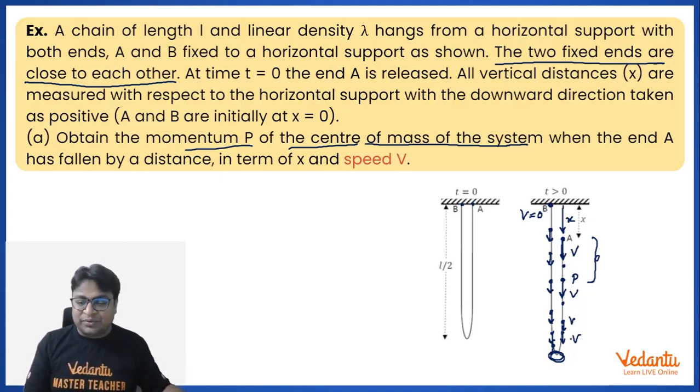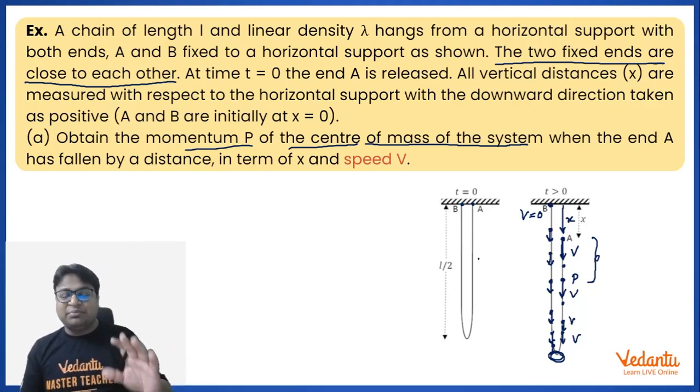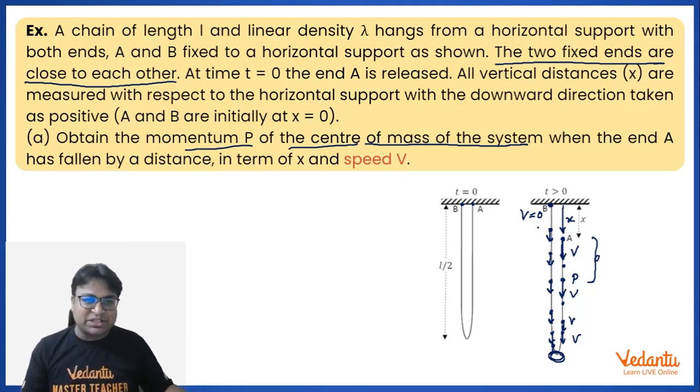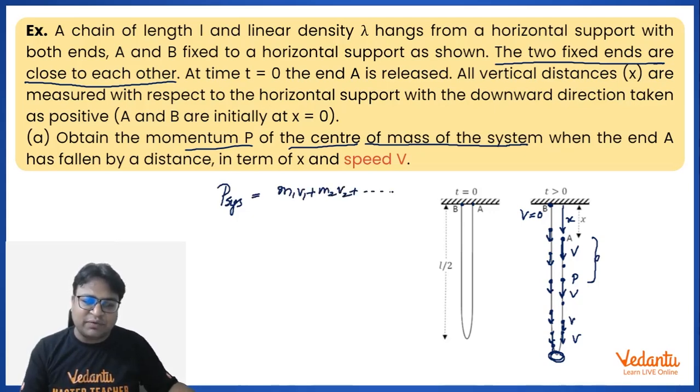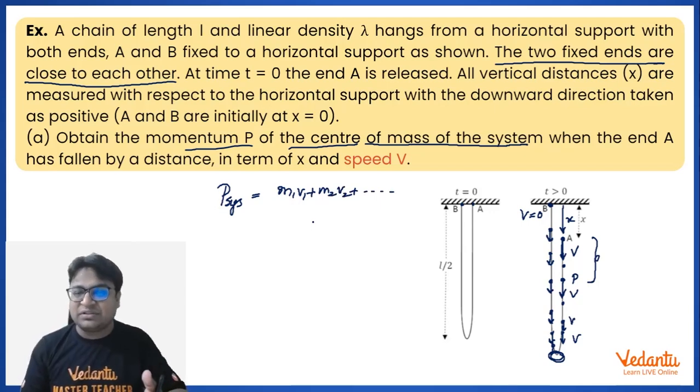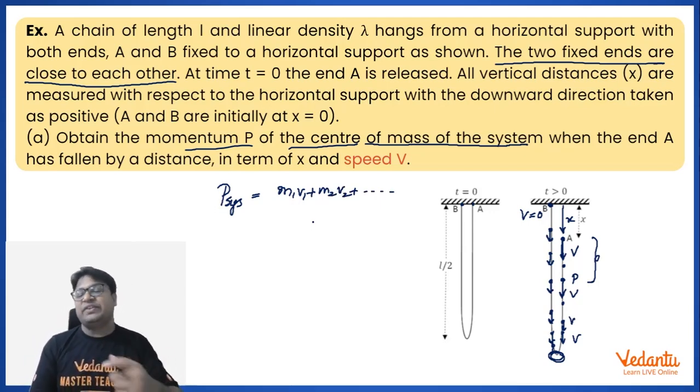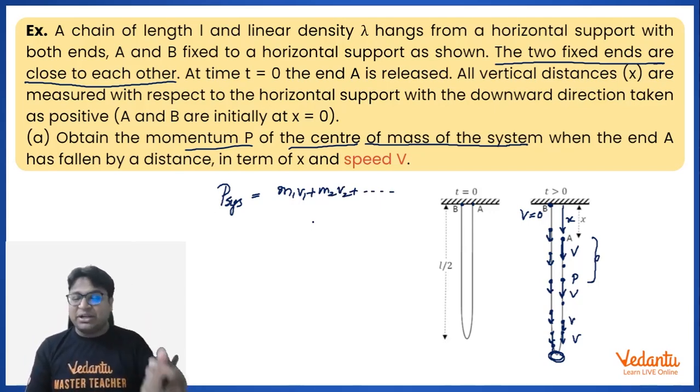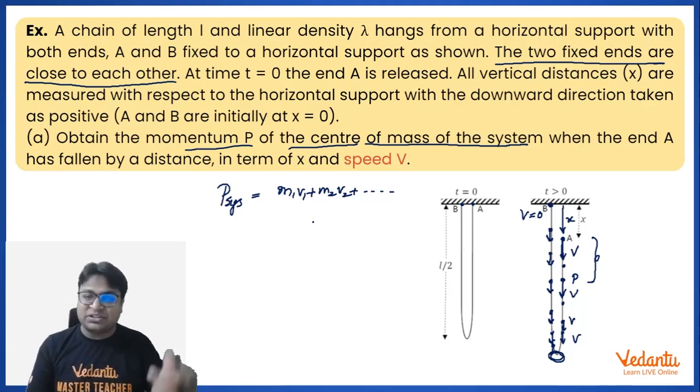So I think we should finish this part now, because I'm pretty sure that many of you now agree with me that the left part is having zero velocity and the right part is having velocity v. Whenever we are trying to write the momentum of a system, we basically look for this equation like m1 v1 plus m2 v2 and so on. So we consider all the masses of the system, we consider their respective velocities, we multiply and add them up.